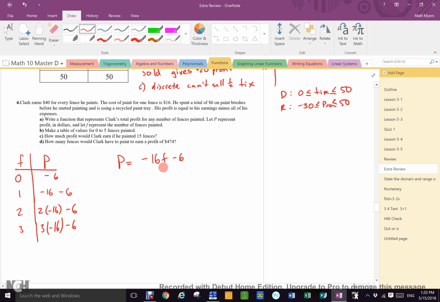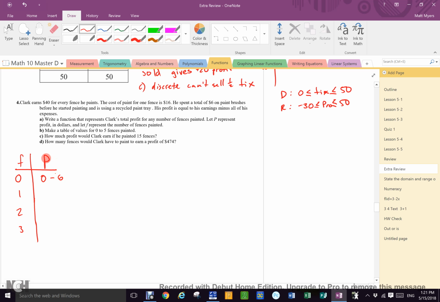So we got to think about how to do this. So we're going to erase all this and look at the whole thing as soon as I can erase. You got to look at the whole thing. If he paints no fences, he's bought no paint, but he bought $6, so minus 6.